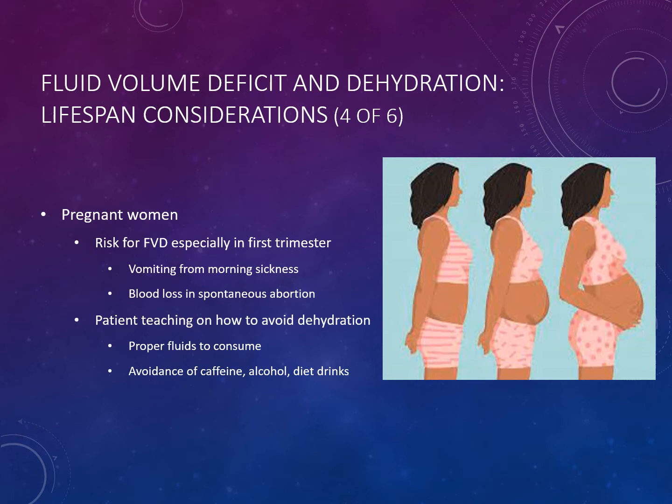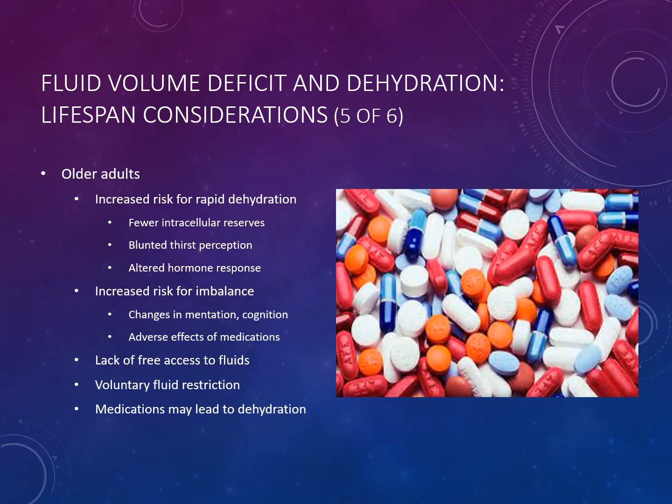Patient teaching on how to avoid dehydration, proper fluids to consume, water. Do Gatorade under the direction of the physician. Avoid caffeine, alcohol, and diet drinks, because diet drinks often are high in sodium and that type of thing, and we don't want to add if we're dehydrated but we've got too much sodium.